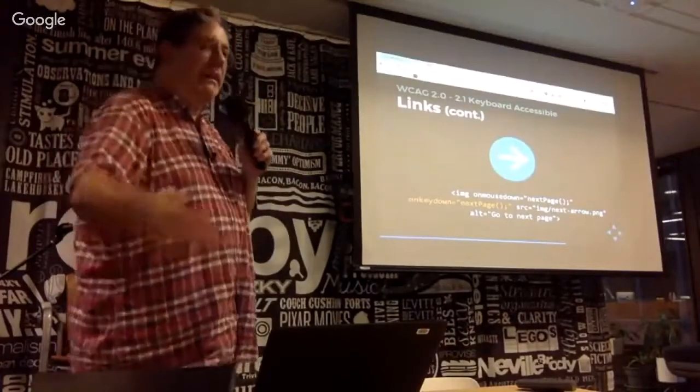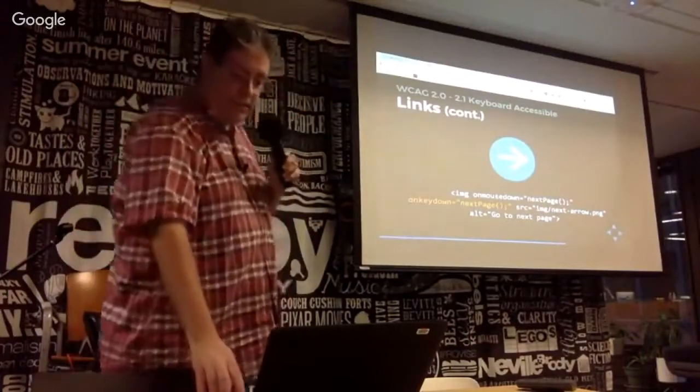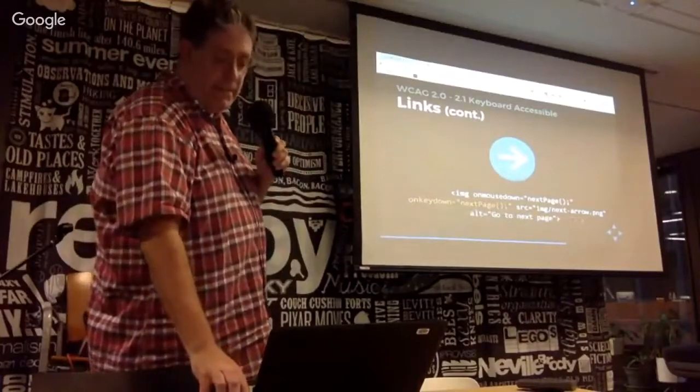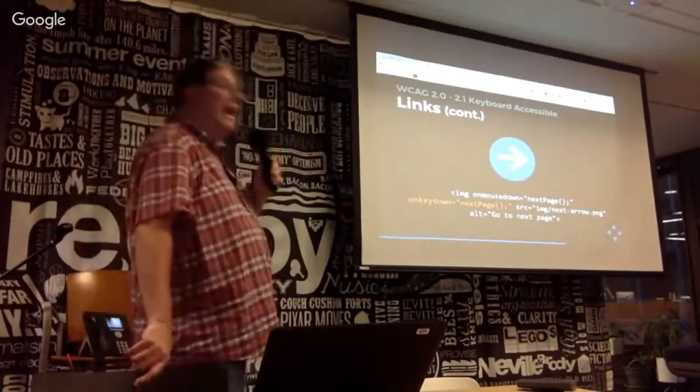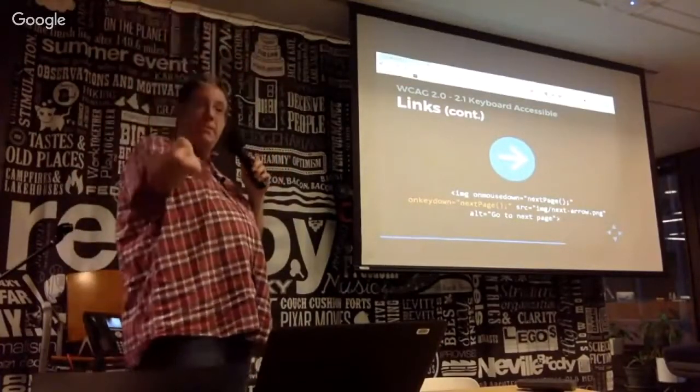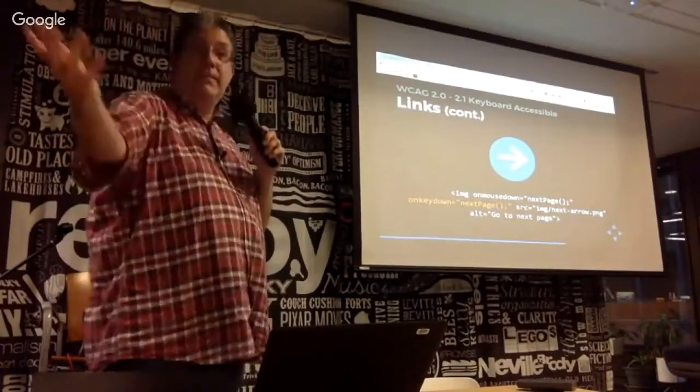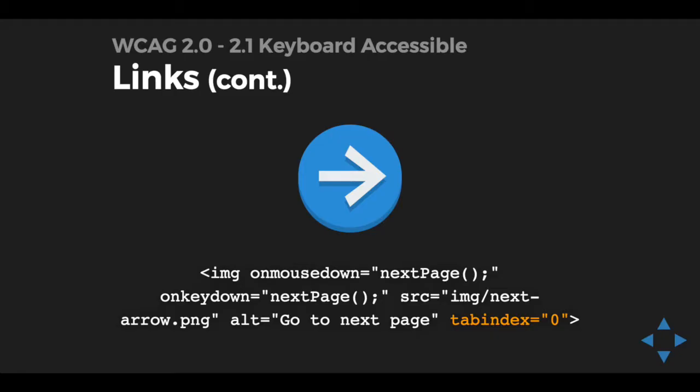We can trigger the event if we could get there, right? Well, you have to be able to focus on it before you can actually trigger the event. So we could do this. We can add a tabindex of 0. Now you can reach it via keyboard. And now, therefore, you could trigger the event, right?